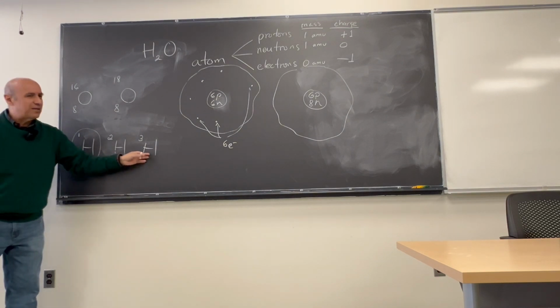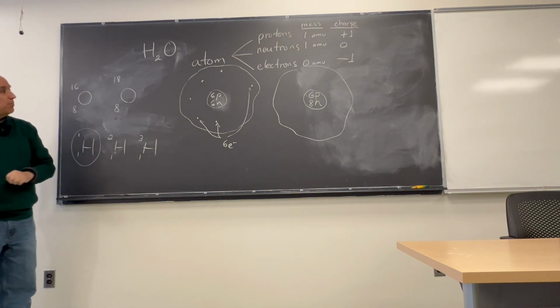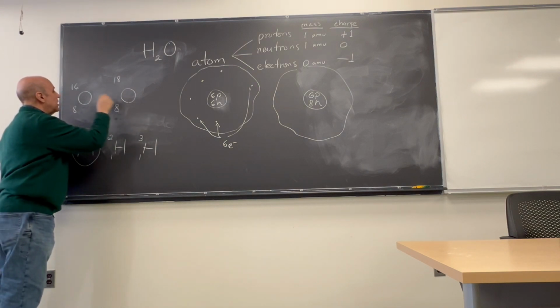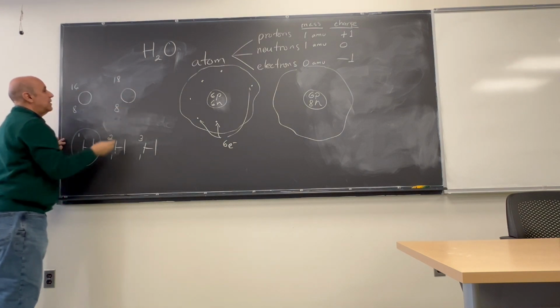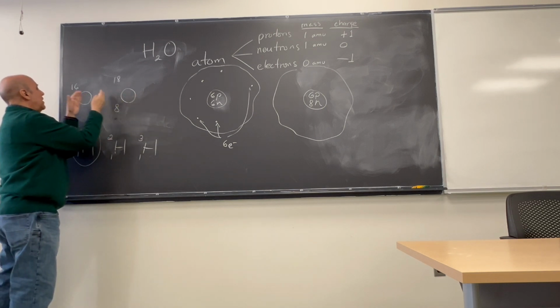Why does that happen? It doesn't matter in this course. They are the result of natural transformations that take place in these atoms. In the case of oxygen 16 and oxygen 18, the proportions also favor this one. There's less of that than that.